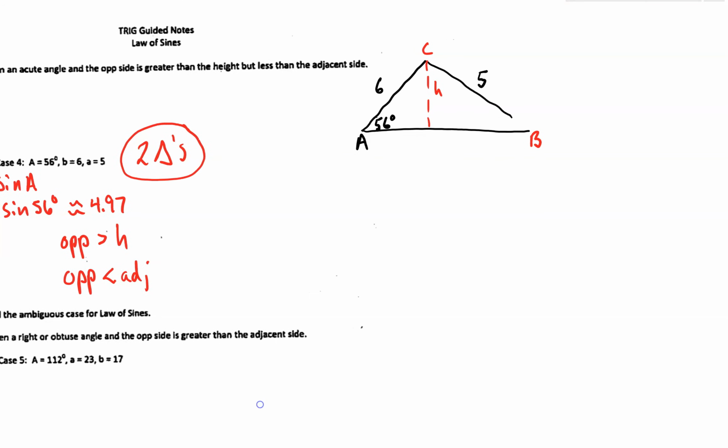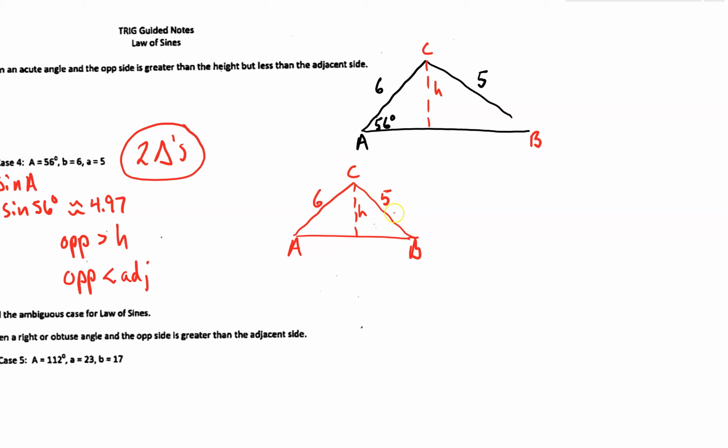Now, why is it that you're going to have 2? Well, let's think about this. If this is my original triangle, then hopefully you see we would have 2. The first one would continue on, and it would say A, and here's B, and here's C, and this one was 5, and this one was 6, and here was our height, which was less than this opposite one.